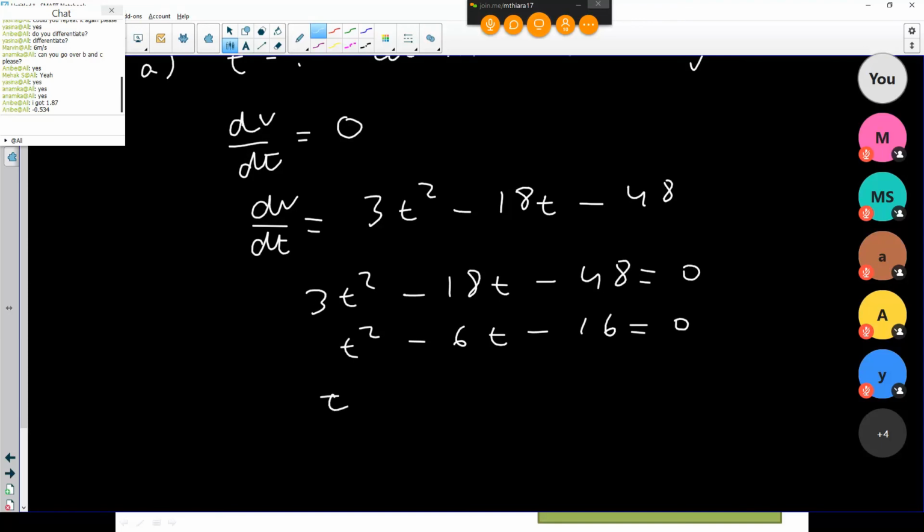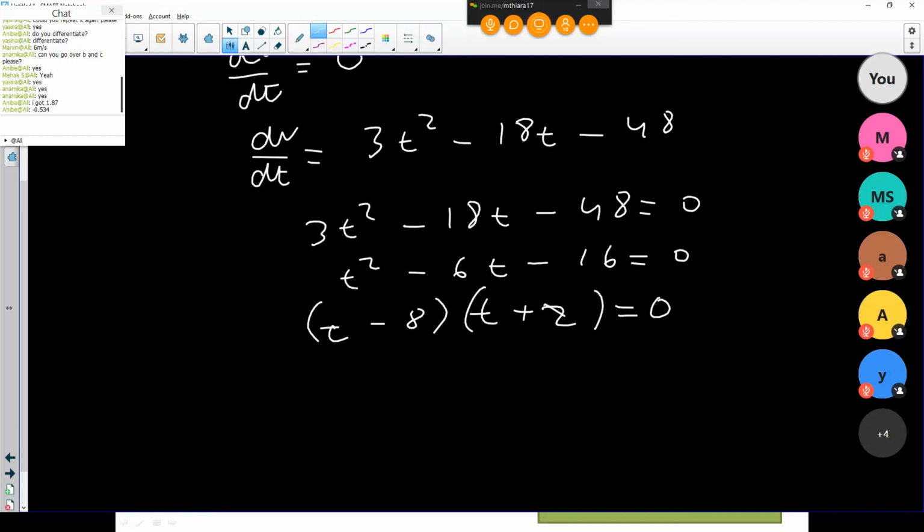So I get t minus 8 and t plus 2 is equal to 0, and that tells me that t is equal to 8 seconds.